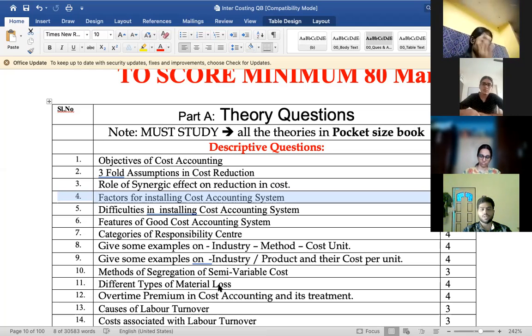At the same time, if you want to install, some difficulties are also there. Practical difficulties in installing cost accounting system. So how many difficulties?